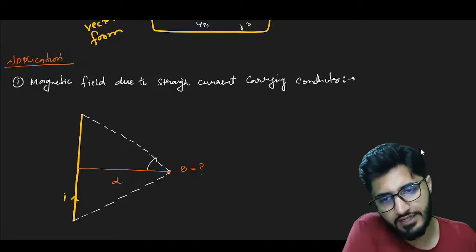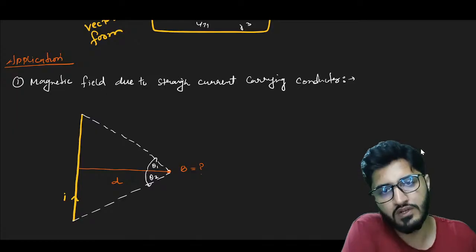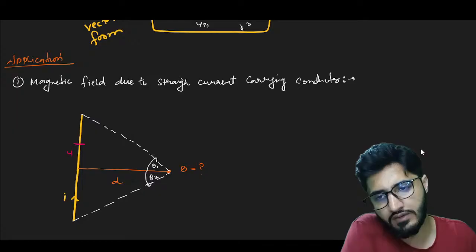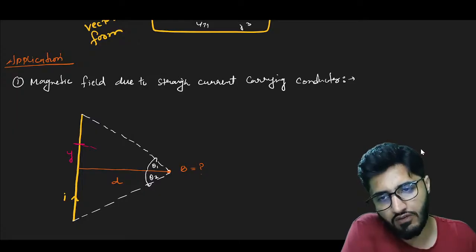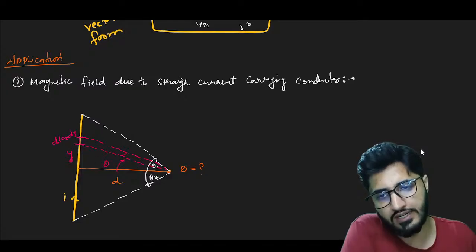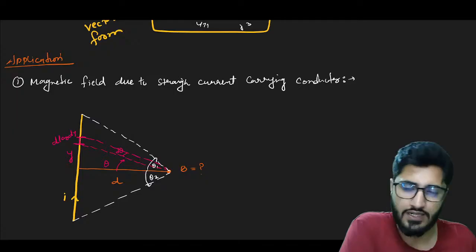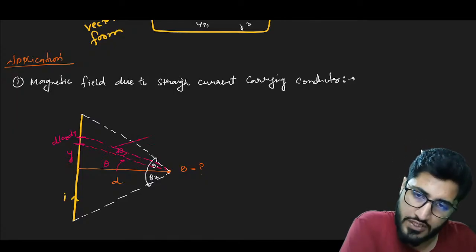So this is my angle theta 1, angle theta 2. Now I will cut an element of length dl or small dy, no issue. I cut this element, or I will cut an element of d theta. So I will zoom this one now.